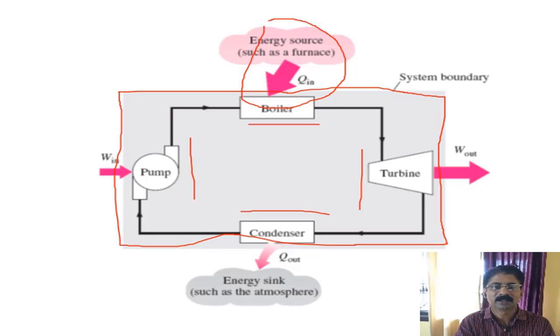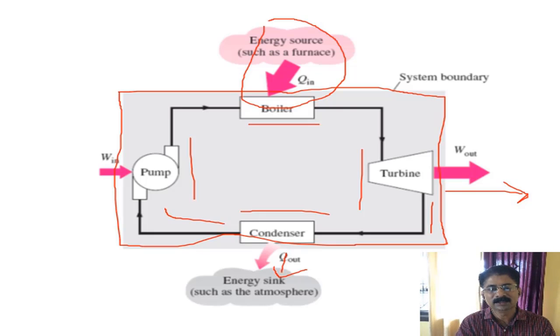We already discussed how the boiler absorbs heat and converts water into steam, and when this steam undergoes expansion in the turbine, part of it is converted into work. The remaining steam with a bit of energy content is made to pass through the condenser, where it rejects this heat to the atmosphere, which is called the sink or low temperature reservoir, and then the condensate is fed back to the boiler.